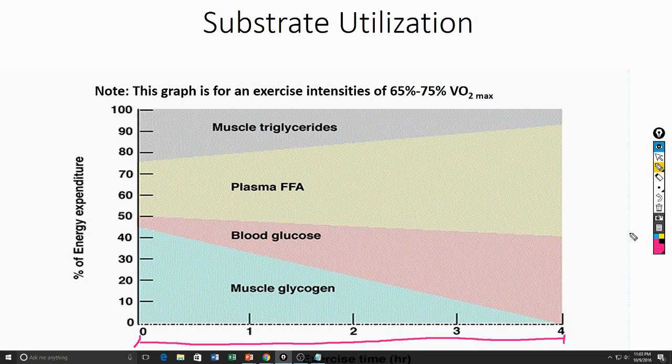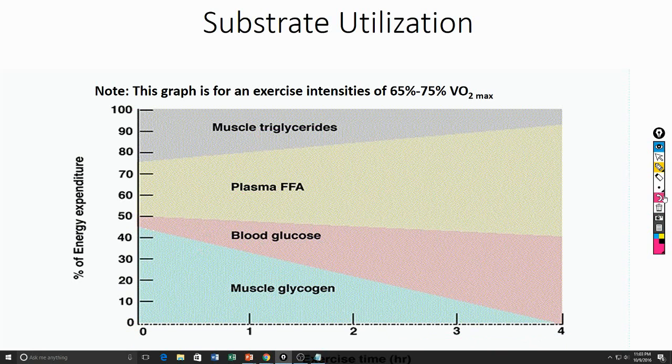So, when we start exercise, about 45% of energy is coming from muscle glycogen, and about 50-ish% is coming from fats, split roughly even between plasma free fatty acids and muscle triglycerides, and just a little bit coming from blood glucose.